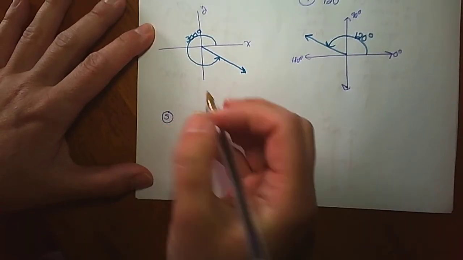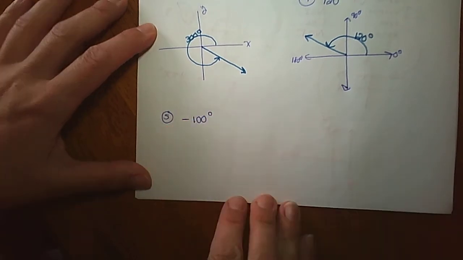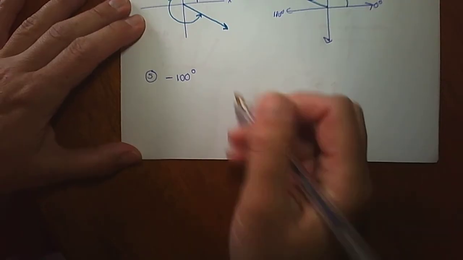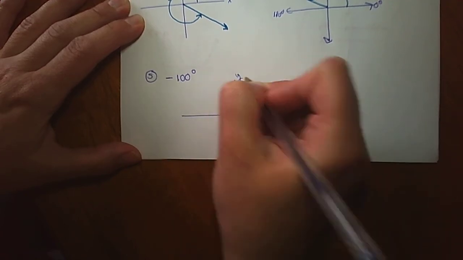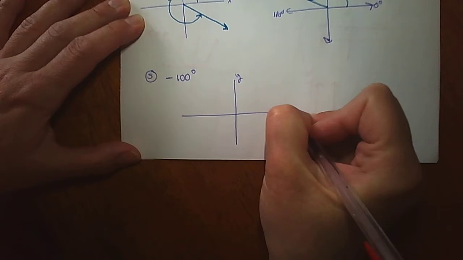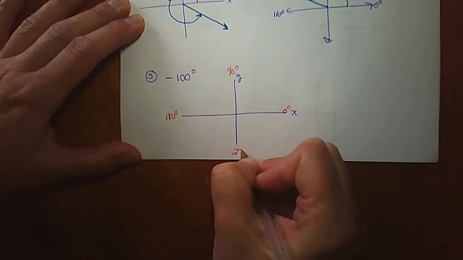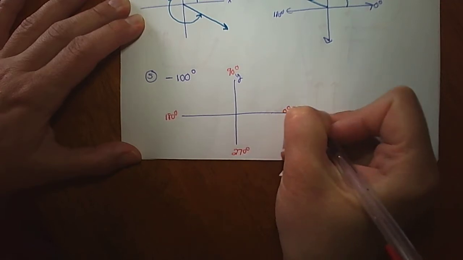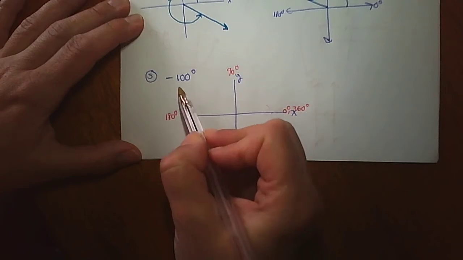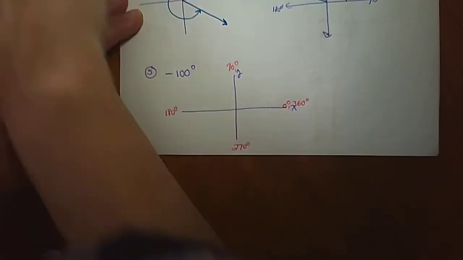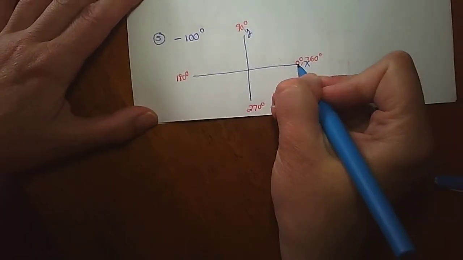Now the reason why I said it's important to draw your curves is because I could do this now. What if I wanted you to sketch negative 100 degrees? So here's X, here's Y. This is 0, 90, 180, 270, 360, right? But this direction is positive. If I want to go negative 100, it means we have to go backwards. So this is still 0.